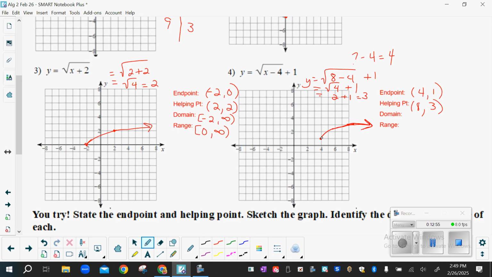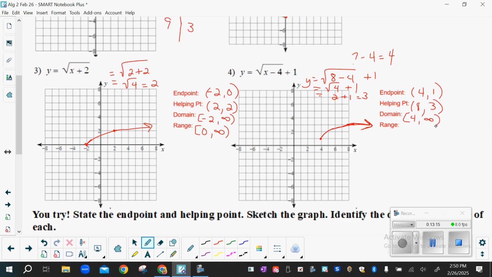So again, it's half of a parabola. So back here, what's my domain? Yes. 4 to, so the x value here on the x-axis, we start at 4. So it's 4 bracket, comma, infinity. Does that make sense?